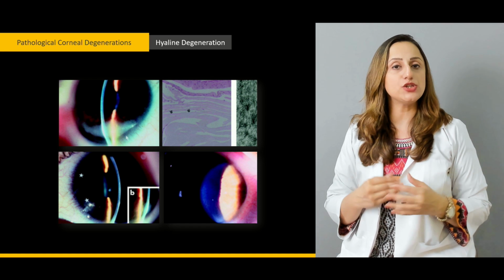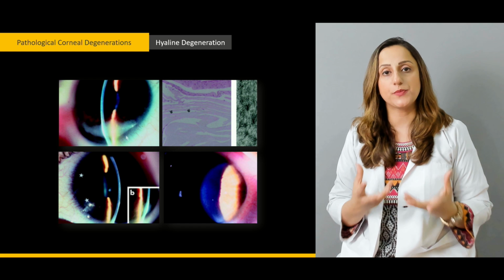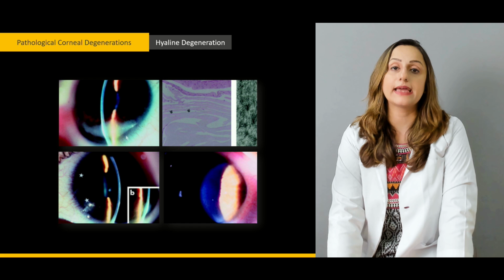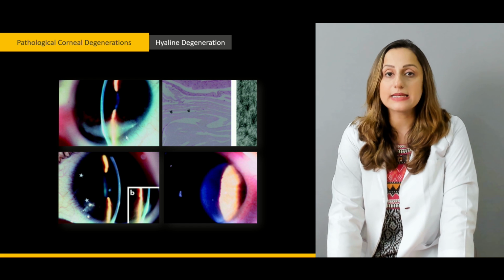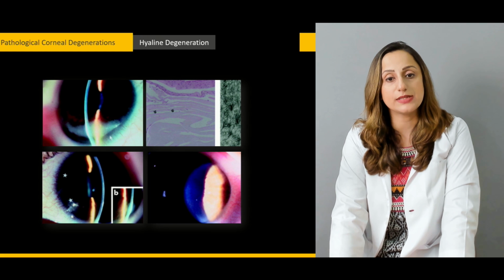So all of these features are again very important whenever we are taking the history from the patient and noting down the positive findings that can basically make the definitive diagnosis of hyaline degeneration positive in these patients.